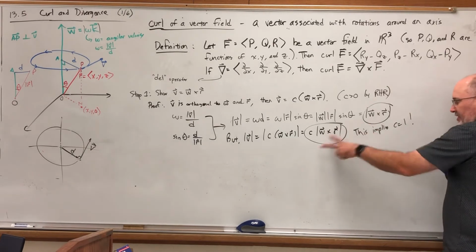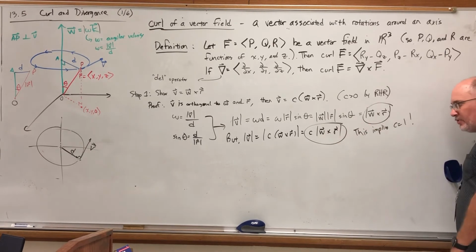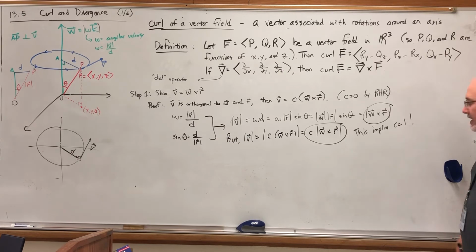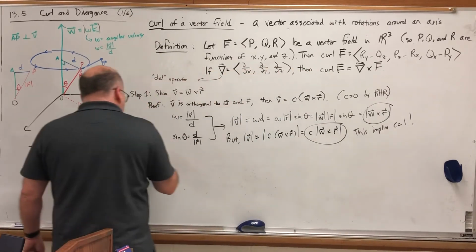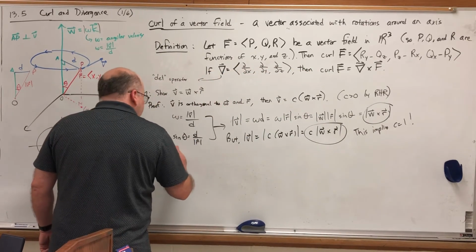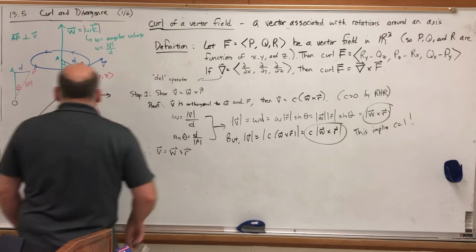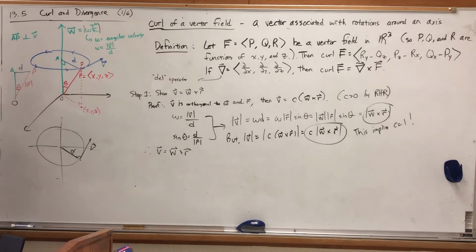If you put these equal to each other and divide by the magnitude of the cross product, assuming it's not 0, and it's not, then you get C is equal to 1. So the conclusion we can draw is that V is equal to W cross R. So this velocity vector isn't just parallel to the cross product, it is the cross product.